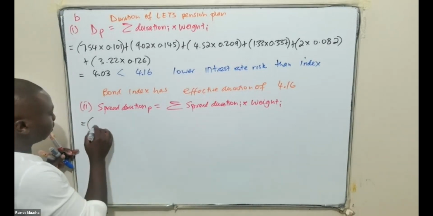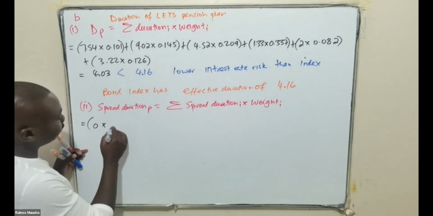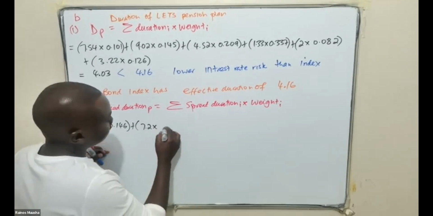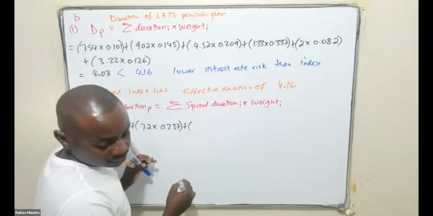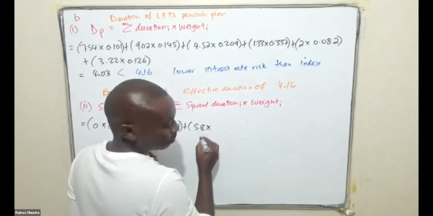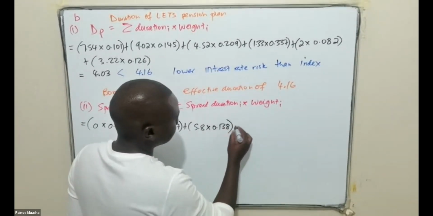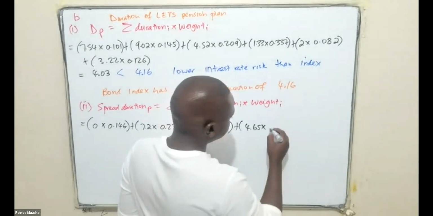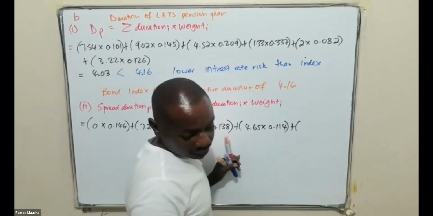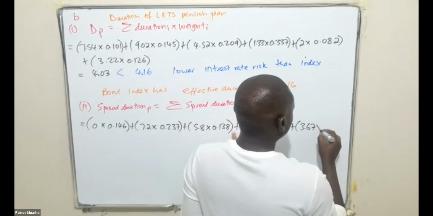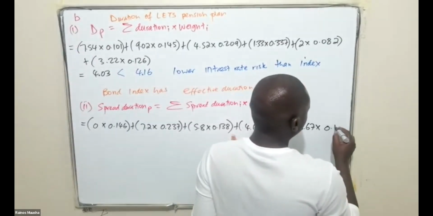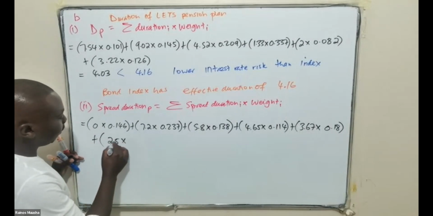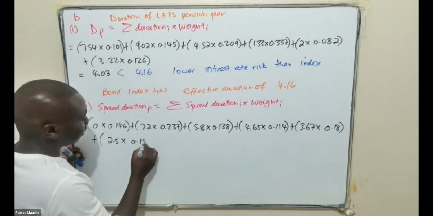for the first asset, a spread duration of 0 times the weight of 14.6%, which is 0.146, plus the second asset is 7.2 multiplied by 0.237, plus the next asset is a spread duration of 5.8 multiplied by 0.138, plus the next asset is a spread duration of 4.65 multiplied by the weight of 11.4%, which is 0.114, plus the next asset is a spread duration of 3.67 multiplied by the weight of 18%, which is 0.18, plus the next asset is a spread duration of 2.5 multiplied by the weight of 18.5%, which is 0.185.